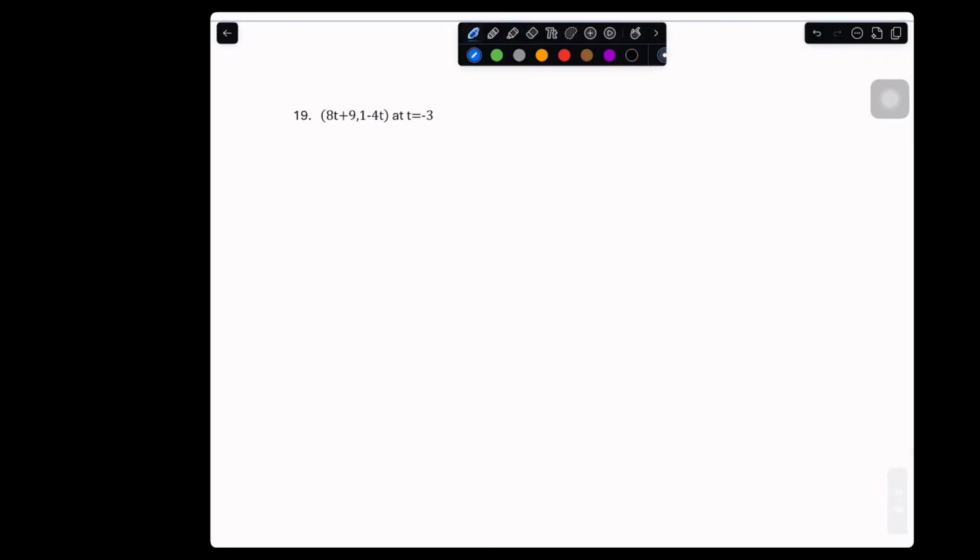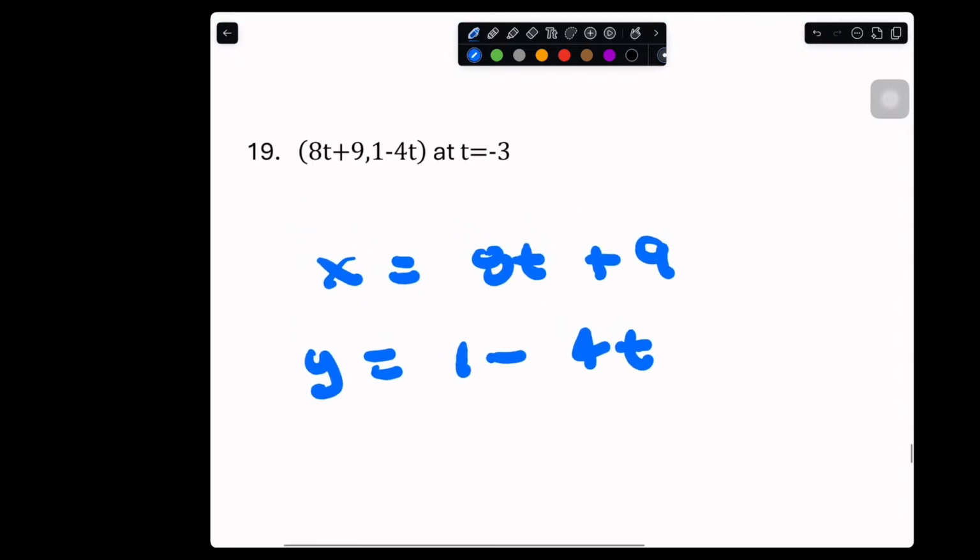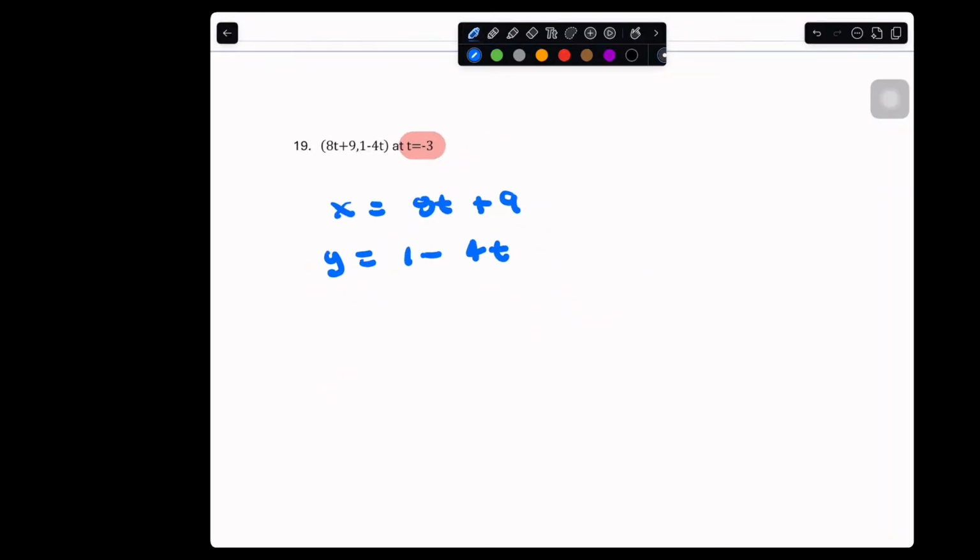All right. Number 19 now, second derivative. X is 8t plus 9. Y is 1 minus 4t. T is going to be negative 3. Okay. So we're going to need x prime t, d dt of 8t plus 9. This derivative is going to be 8.